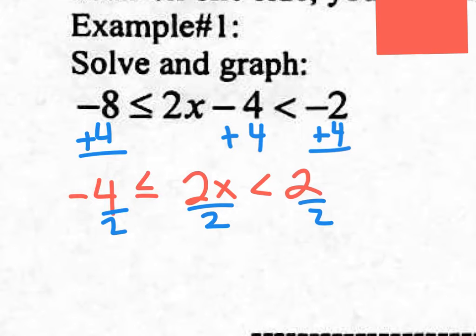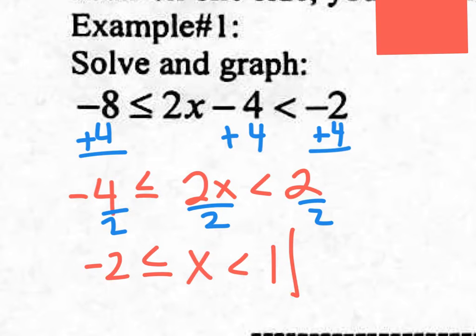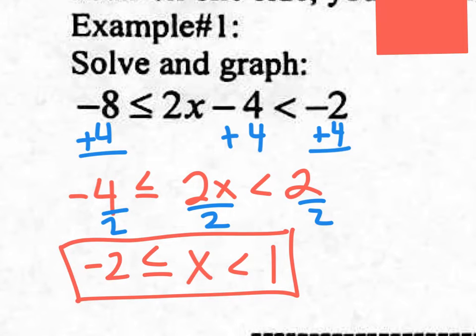Now notice, I'm not dividing by a negative, so I don't have to worry about flipping inequality symbols, right? So my middle term is now x. It's finally by itself. I bring down this less than, that's a 1. X is less than 1, but don't forget that there's also this left side of the compound inequality. So bring down that less than or equal to symbol with a negative 2 on this side. And ladies and gentlemen, that's our answer.